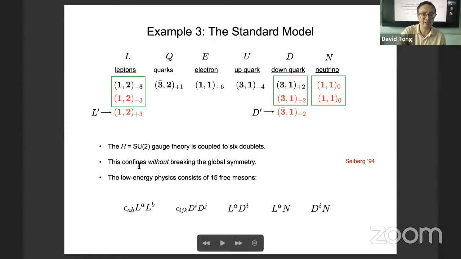And it's rather pretty what happens. So everything in a green box, which I've now given names to, these capital letters you should think of as superfields, but everything in a green box confines. And it confines into, I guess, a meson and a baryon are very similar in SU2, but they get paired together under SU2, everything in a green box with something else in a green box, and they get paired together in an anti-symmetric way.